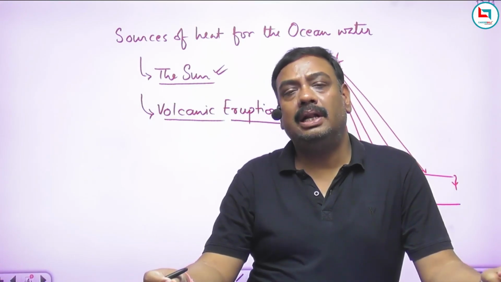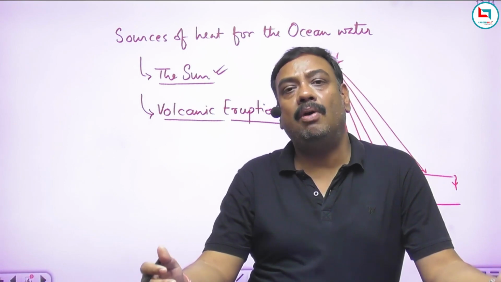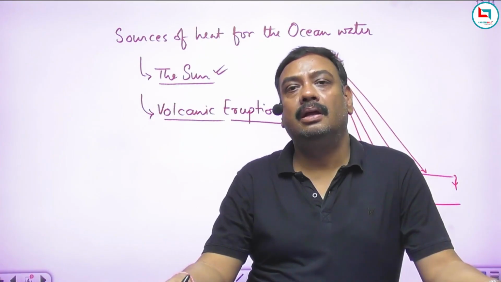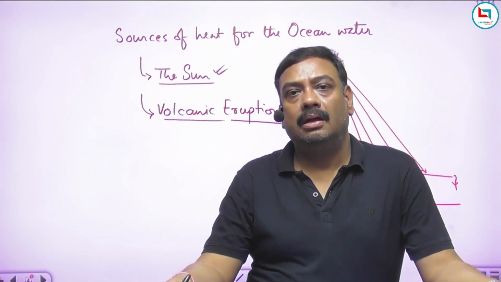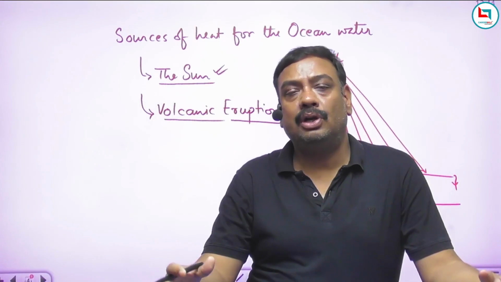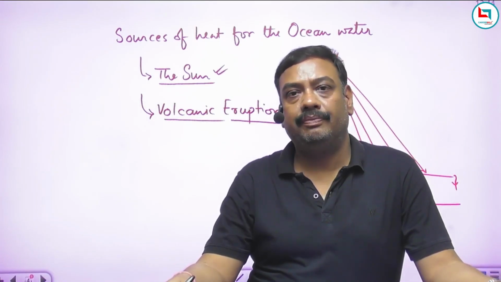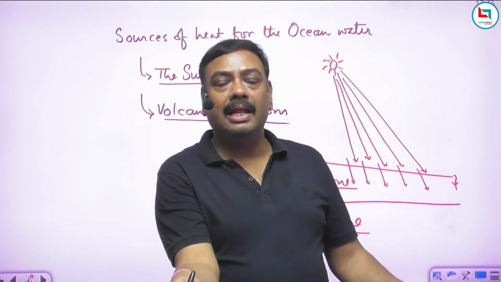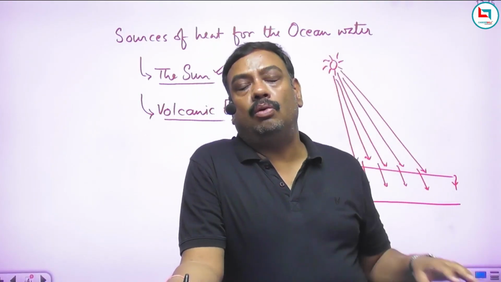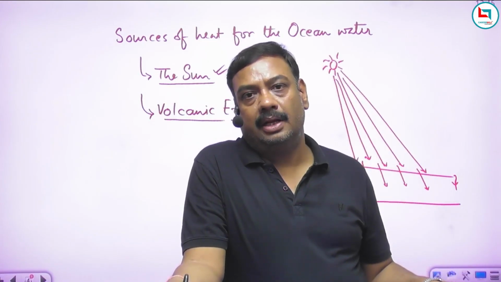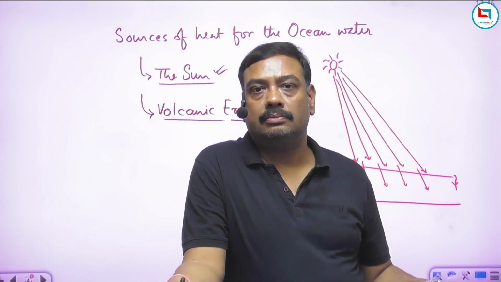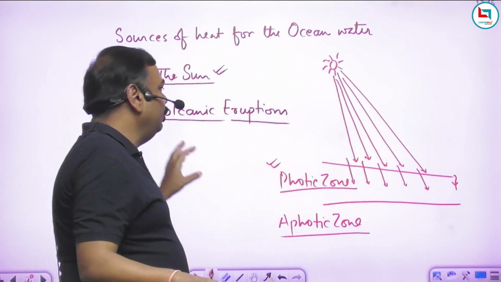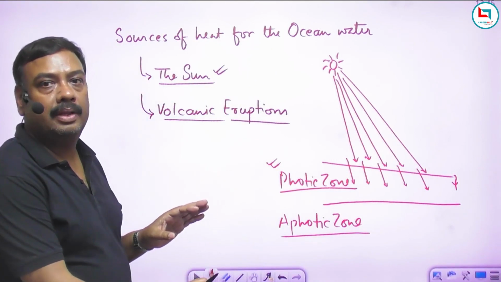Only during the time of eruption and for some time after it, the change in the temperature of the ocean water can be observed. Then, with the passage of time, the temperature of the ocean water becomes normal again. Got it? So this is again one of the sources, but you can consider it just one of the sources.